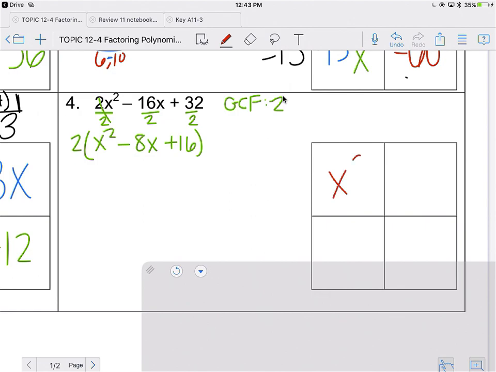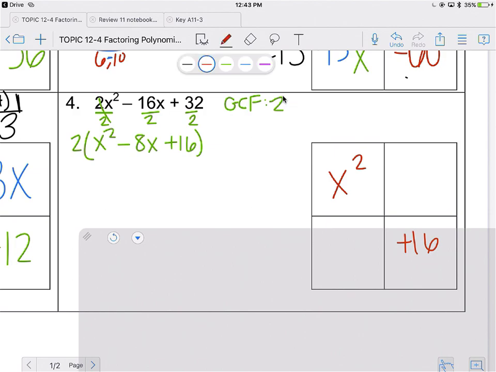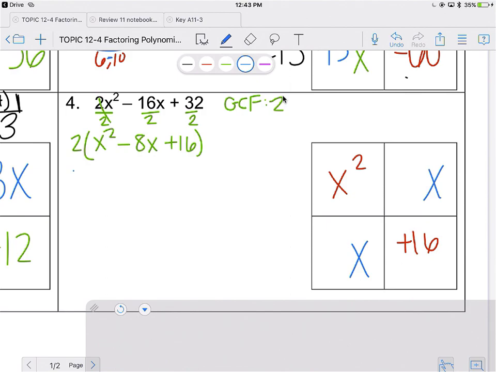Using what's in parentheses, I fill in my box, x squared and 16. I am looking for two numbers to fill in that will add or sum to a negative 8x and have a product of 16x squared.